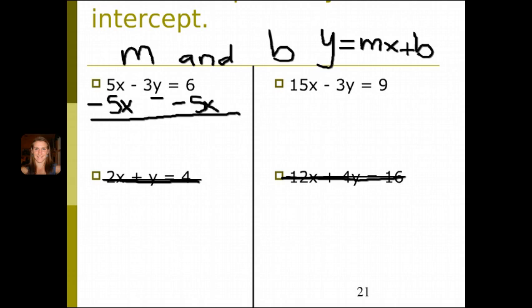This leaves us with negative 3y equals negative 5x plus 6. And then we're going to divide each side by negative 3.